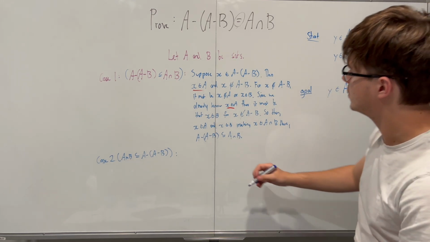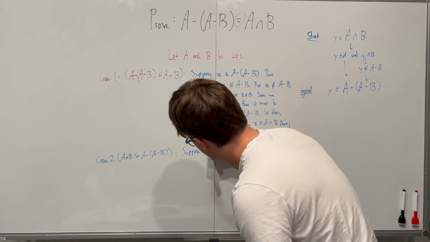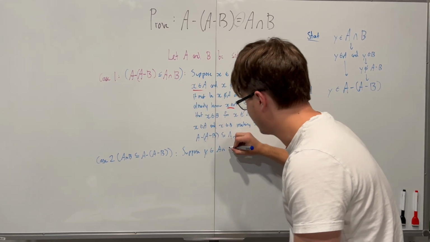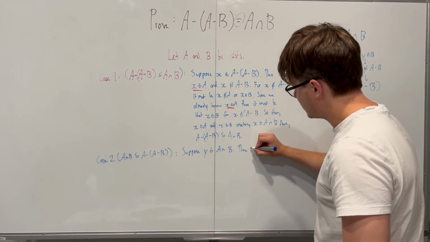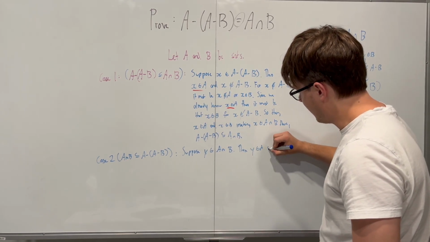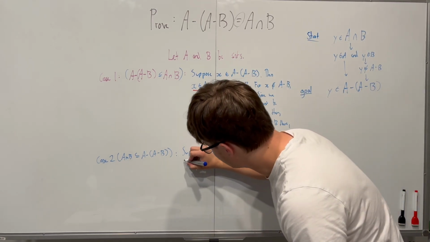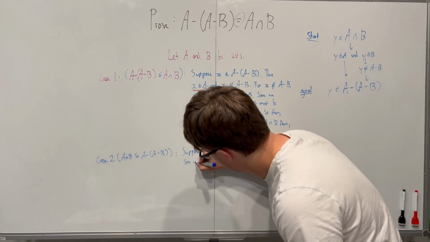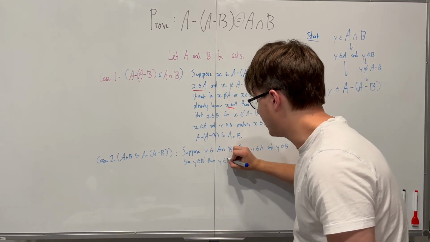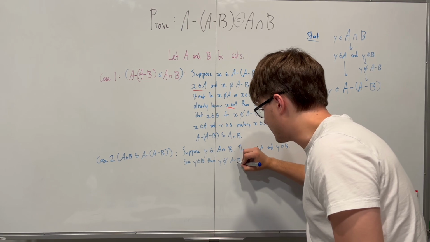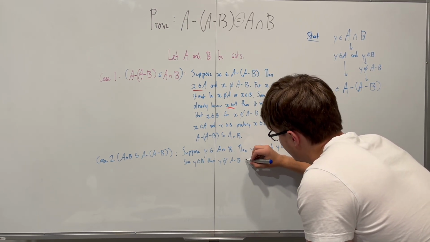So we'll start by supposing our representative element. We'll say suppose y is an element of A intersect B. Then let's break down what that means. We say y is an element of A and y is an element of B. We can then say since y is an element of B, then y cannot be an element of A minus B. Fantastic.